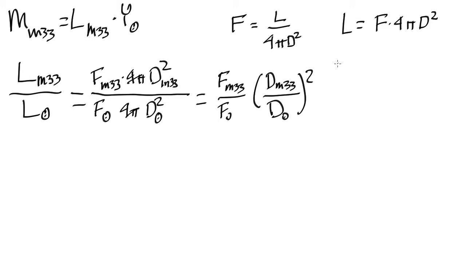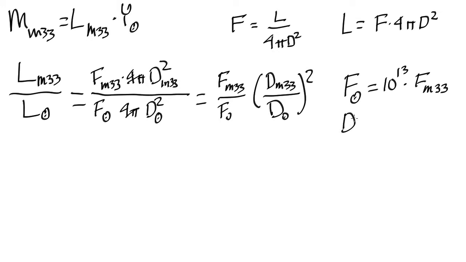Now let's look at these numbers. If we go out and we see how bright the sun is compared to M33, it turns out the observed flux of the sun is equal to 10 to the 13 times the flux of M33. The other thing we need to know is the distance to M33.